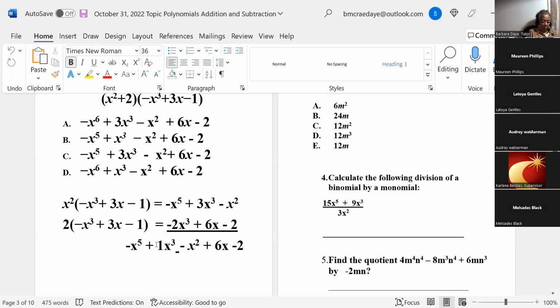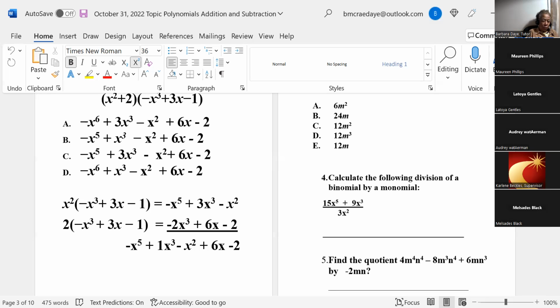Okay. Now let's just go here. Bring that here. Now, which expression does this match? Minus x to the 5th plus 1x to the 3rd, which is just x to the 3rd, minus x squared plus 6x minus 2. Is that A, B, C, or D?